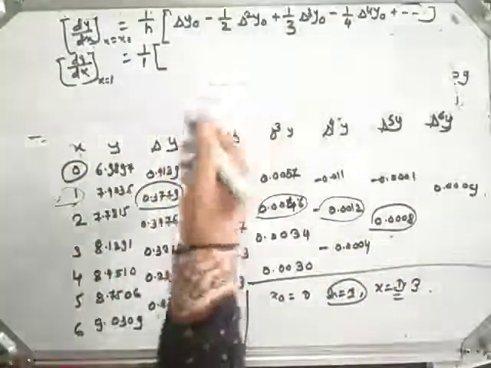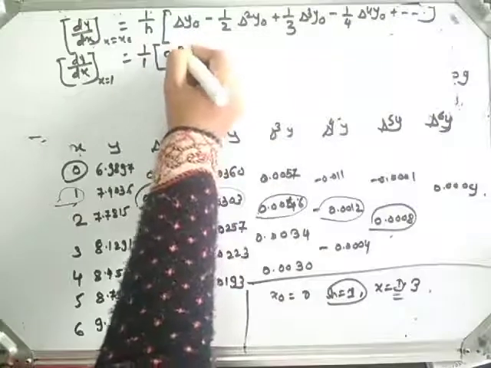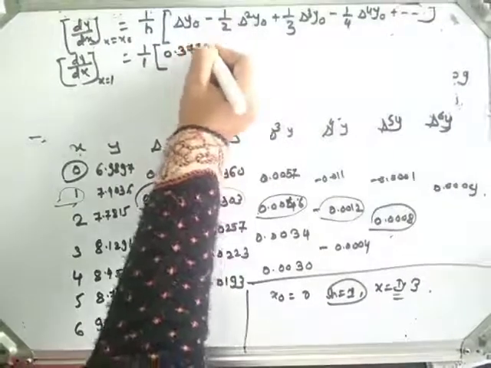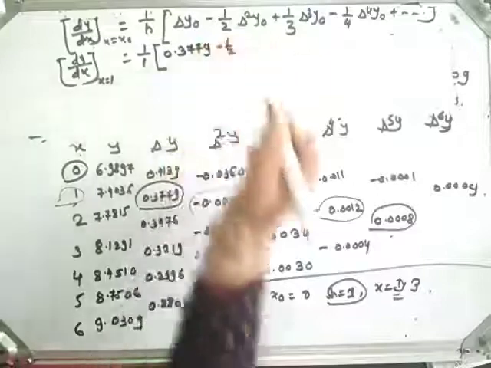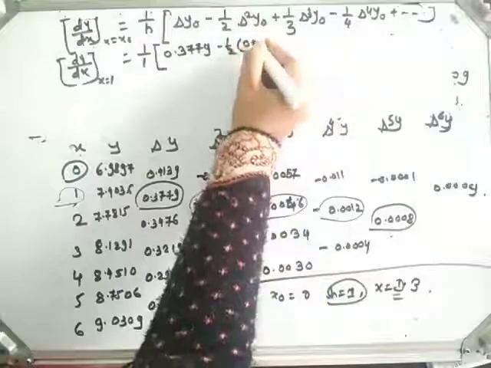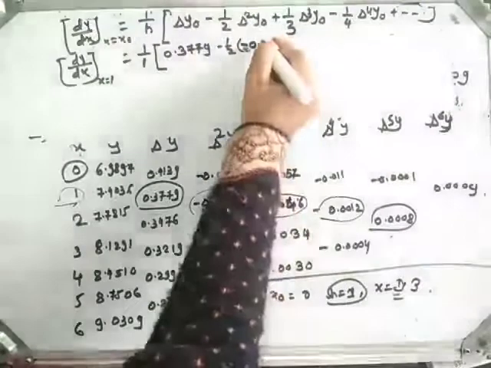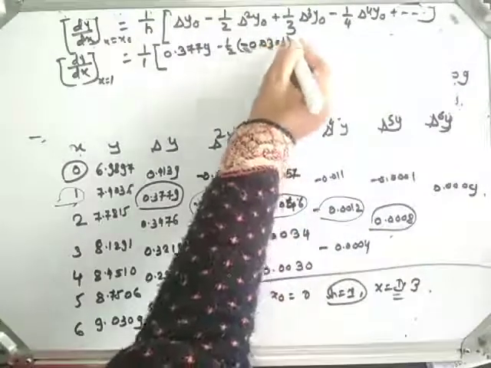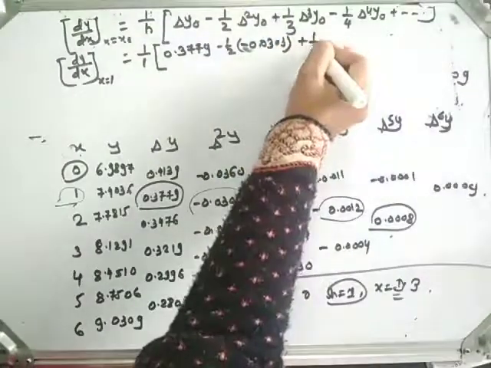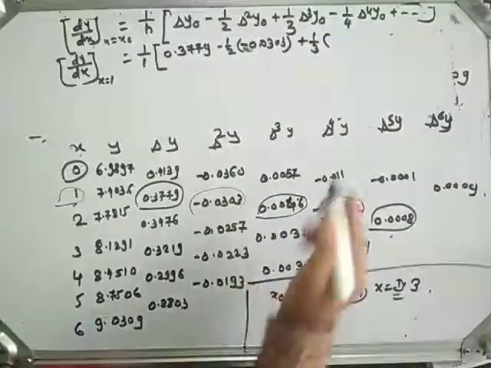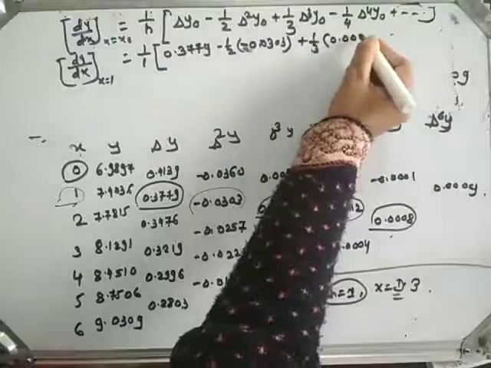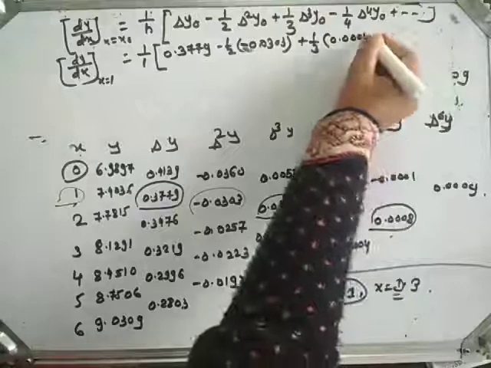Delta y0 is 0.3779 minus 1 by 2 into minus 0.0303 plus 1 by 3 into delta cube 0.0046.